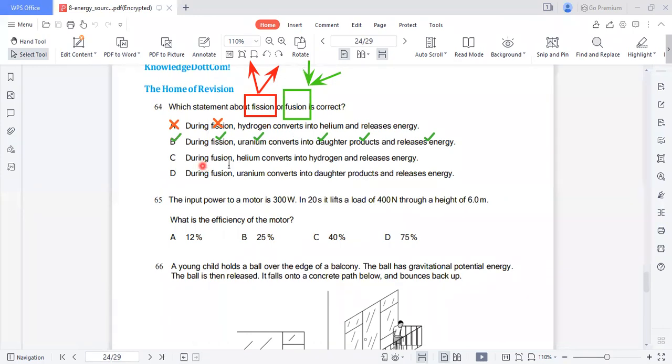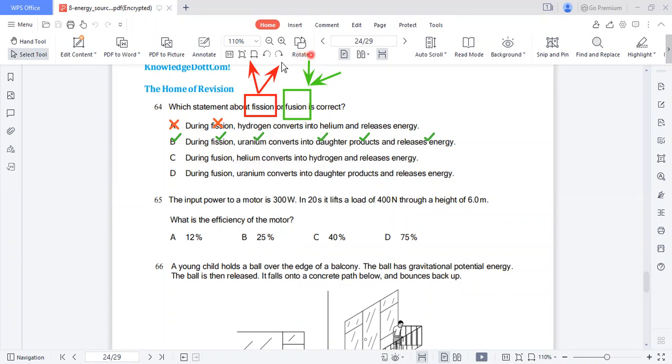Next, during fusion, two nuclei merge to form a single heavy nucleus. The option says that in fusion, helium converts into hydrogen. Two heliums would merge to form boron. Helium cannot be converted like that. The fission of helium could result in hydrogen, but fusion of helium can give boron or carbon, something a little heavier.